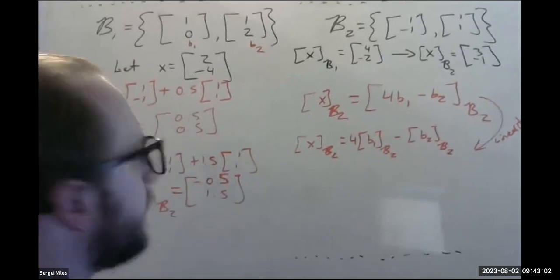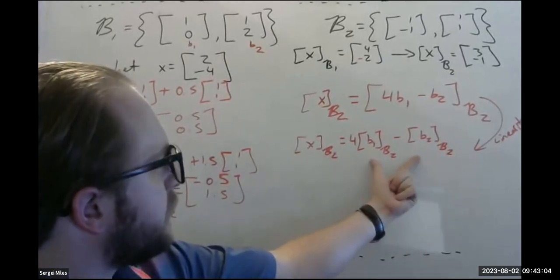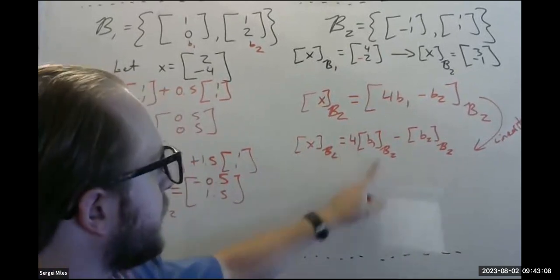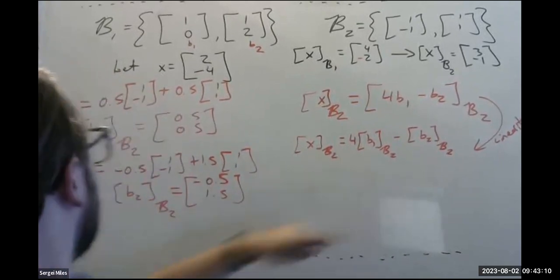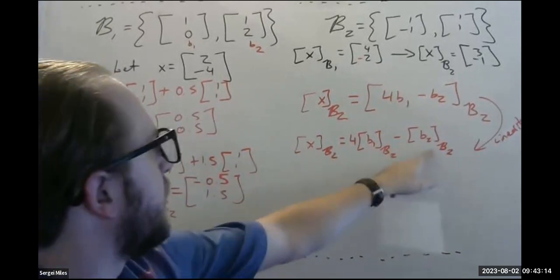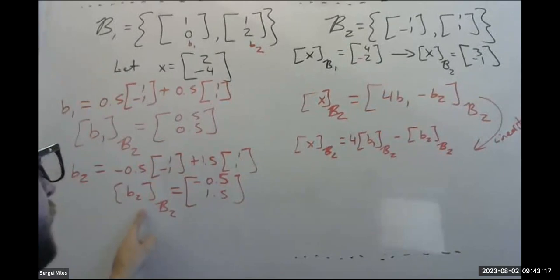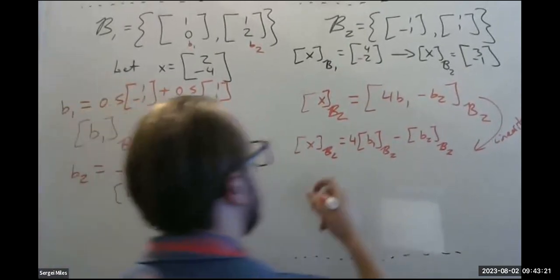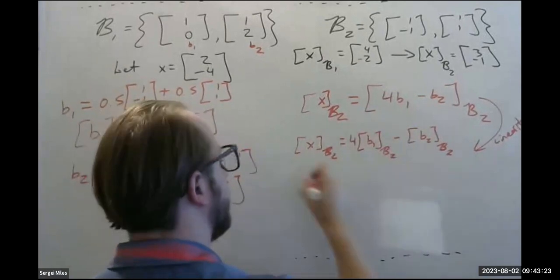But now what has happened, this is just a linear combination, right? I'm taking 4 times this vector, which we already know what that vector is over here, minus this vector, which again, we already know that vector, it's over here. This is a linear transformation, or a linear combination.